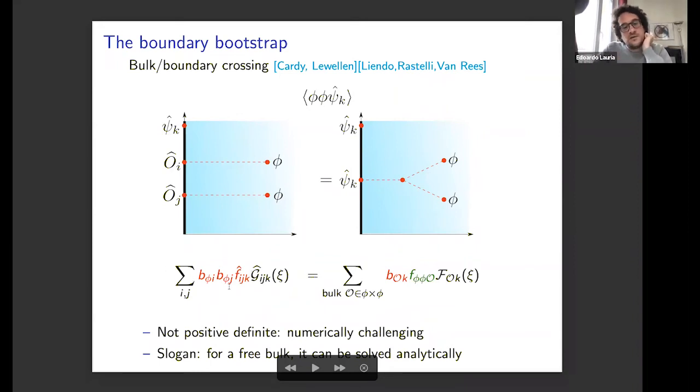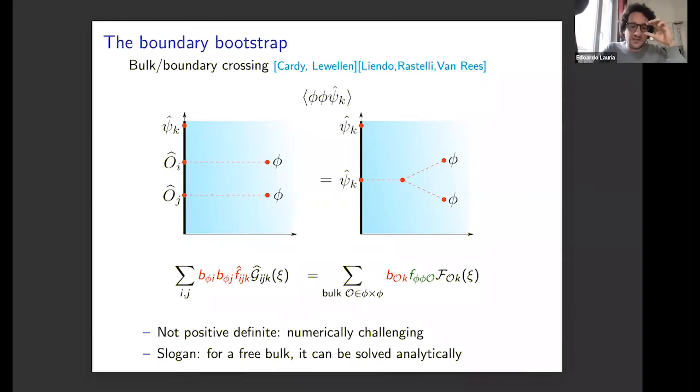The important conceptual point is that the left-hand side doesn't contain information about the bulk, while the right-hand side contains information about the bulk. So this is a constraint on the possible conformal boundary conditions for a given CFT.